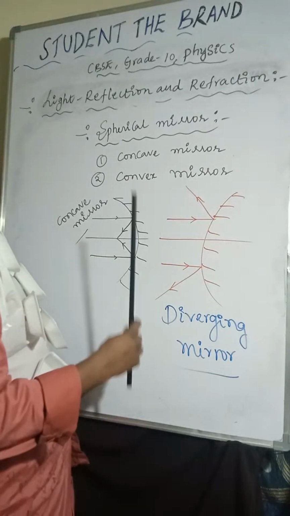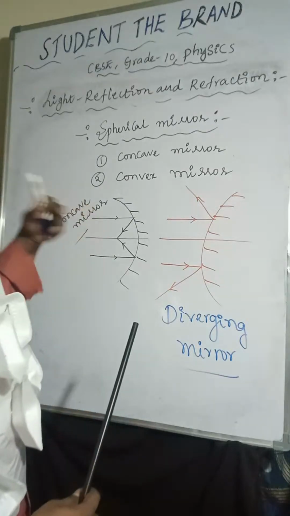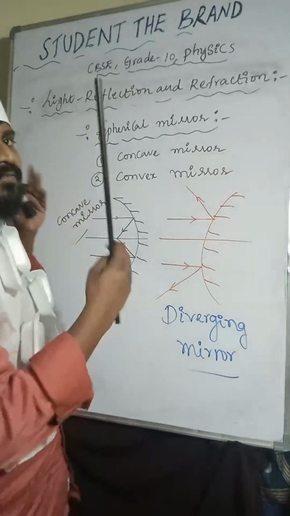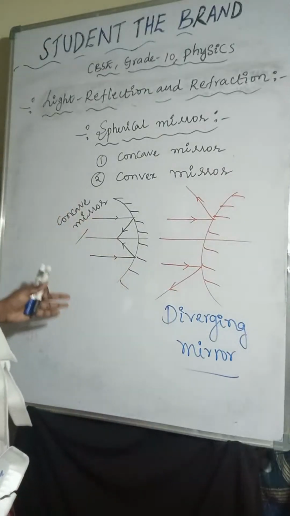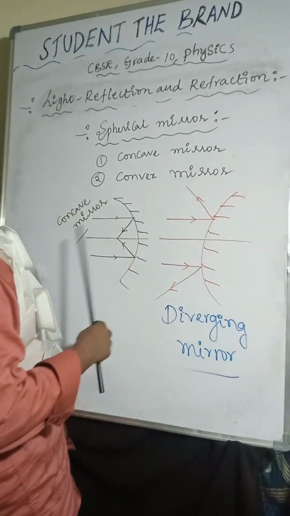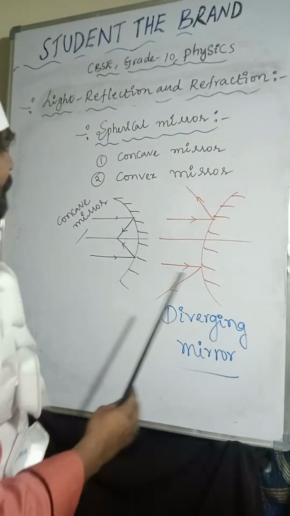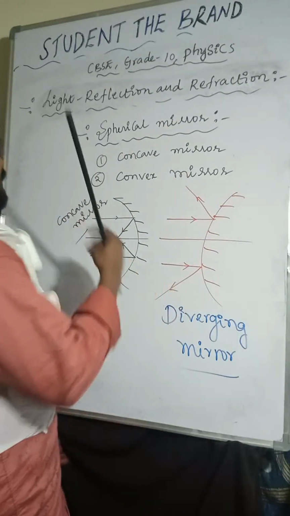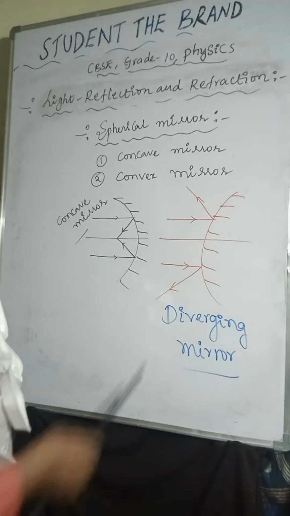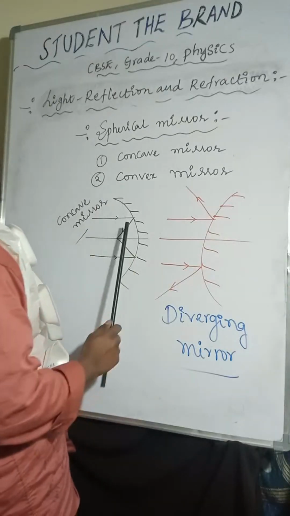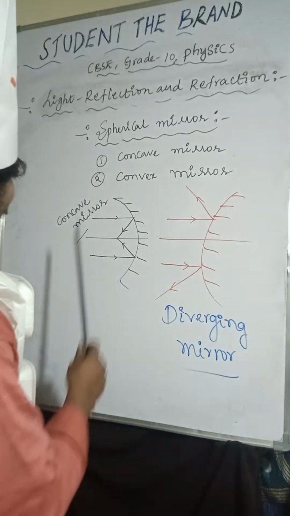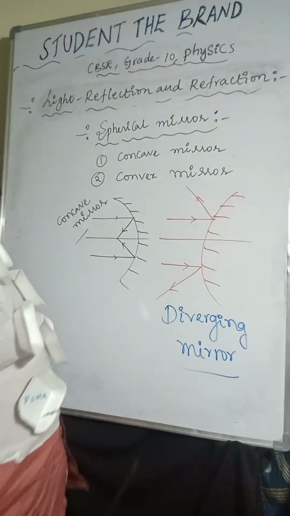Why is a concave mirror a converging mirror? After reflection, light rays are moving towards the principal axis. That's why it is called a converging mirror.